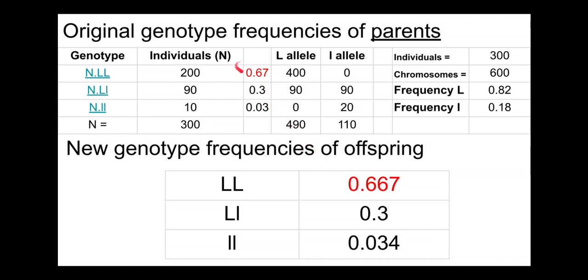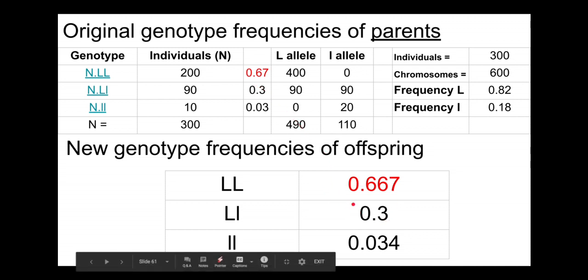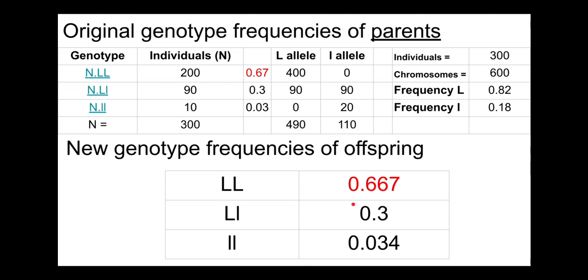Big L is 0.67, big L is 0.67, just different rounding here. The heterozygotes, 0.3, 0.3, and so forth. So the frequency of my genotypes has not changed over time. There's been no evolution occurring.